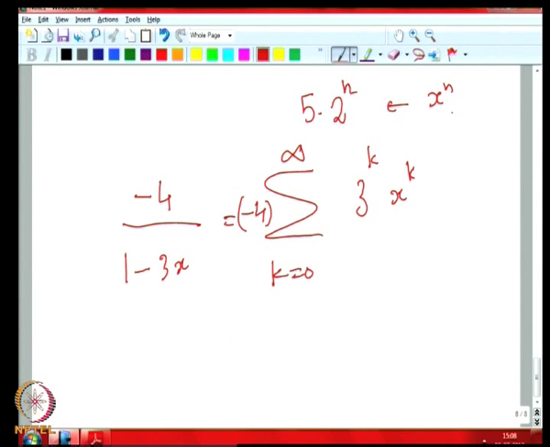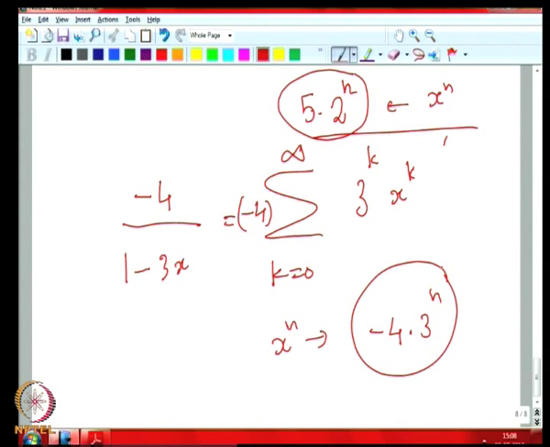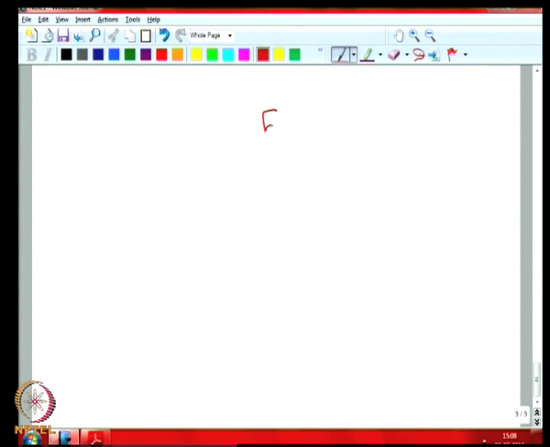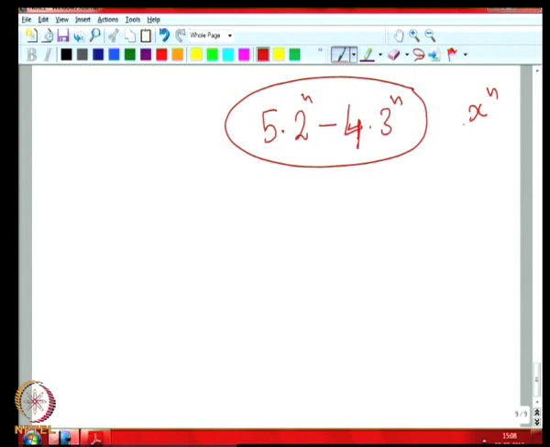So the coefficient of x raised to n here will be minus 4 into 3 to the power n. Finally, when you sum up both, the coefficient of x raised to n will be 5 into 2 raised to n minus 4 into 3 raised to n. This will be the coefficient of x raised to n.